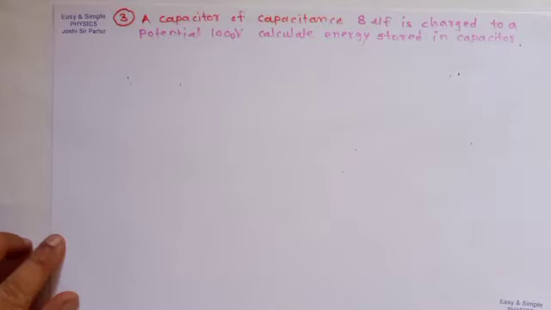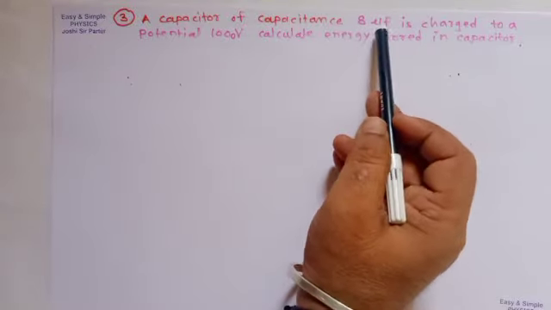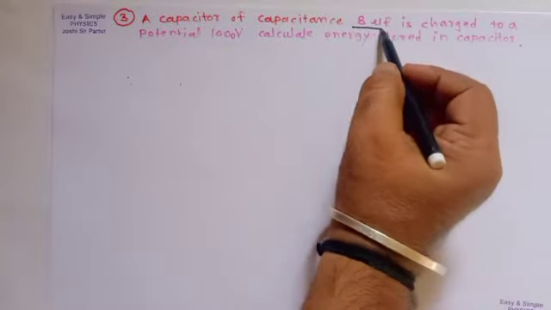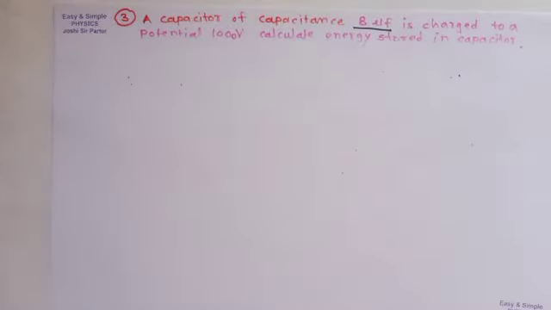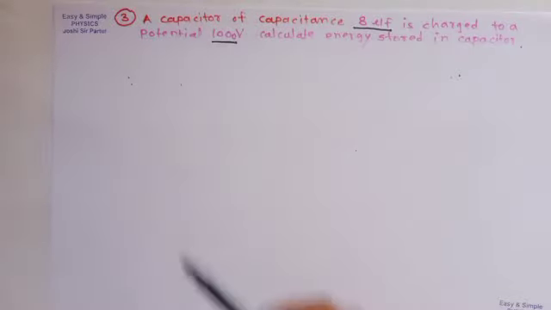The third example will be: a capacitor of capacitance 8 microfarad is charged to a potential of 1000 volt. Calculate the energy in the capacitor.